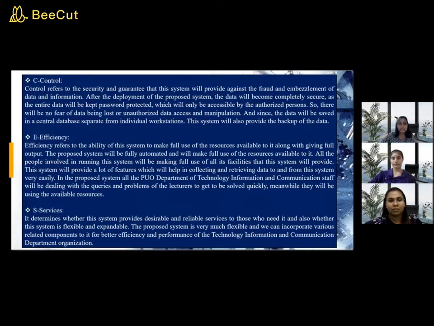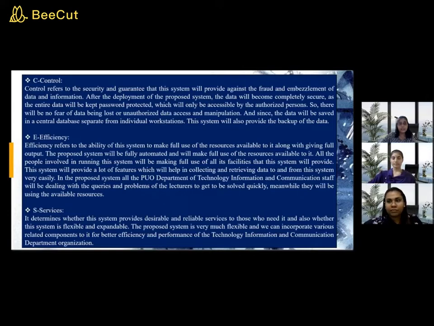Next, efficiency. Efficiency refers to the ability of this system to make full use of the resources available to it, along with giving full output. The proposed system will be fully automated and will make full use of the resources available to it. All people involved in running this system will be making full use of all the facilities that this system will provide.